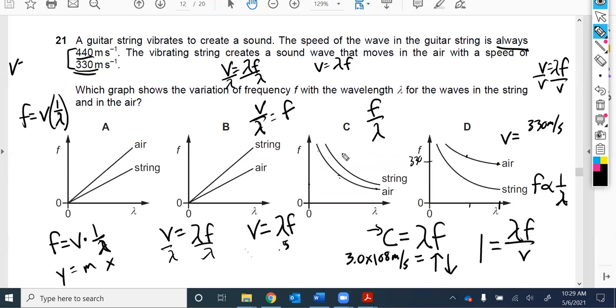So if the speed of the guitar string is always 440, and this one is always 330, how can we relate this curve to the velocity? How do we manipulate that?